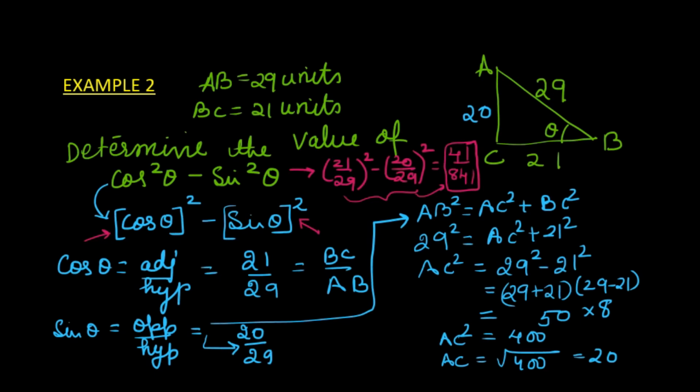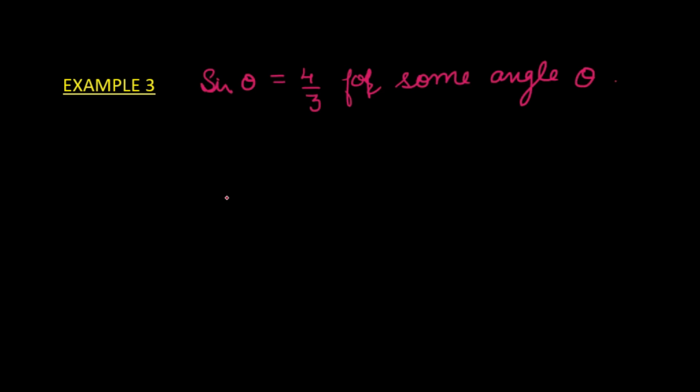Okay, now one third example, a very important one. Suppose it is given that sine of theta, for some angle theta, is 4 by 3. Is this statement true or false?